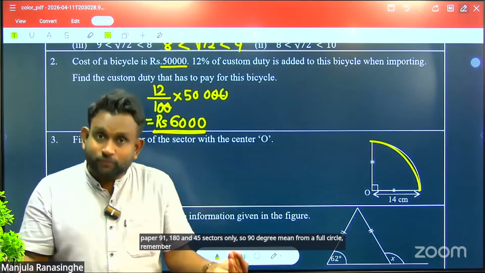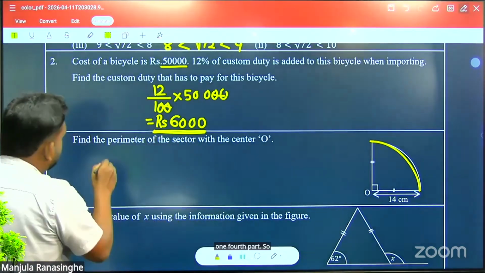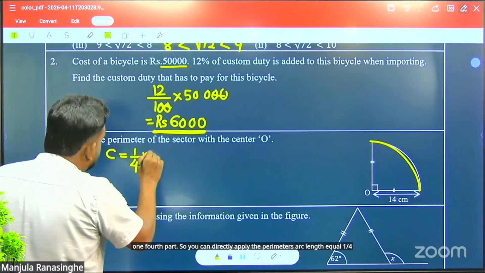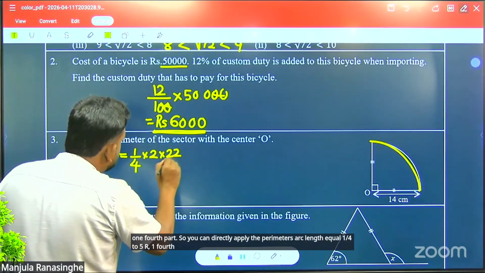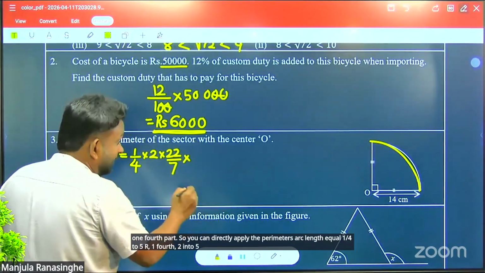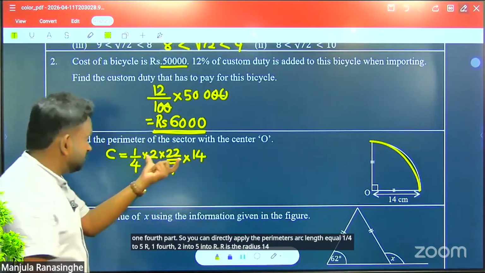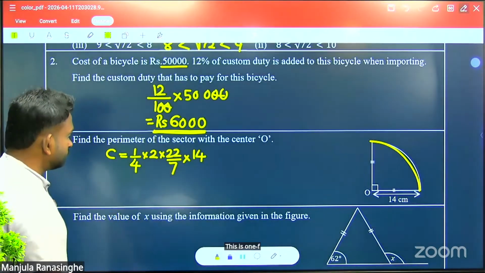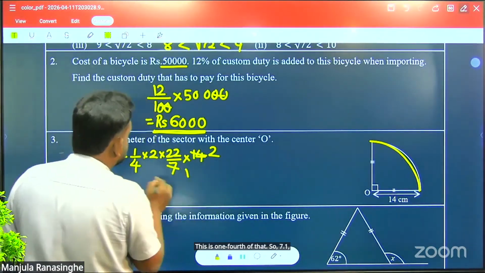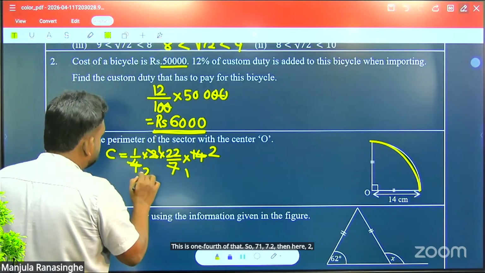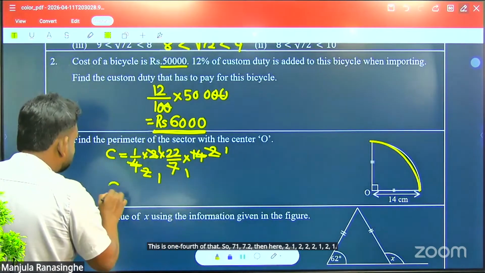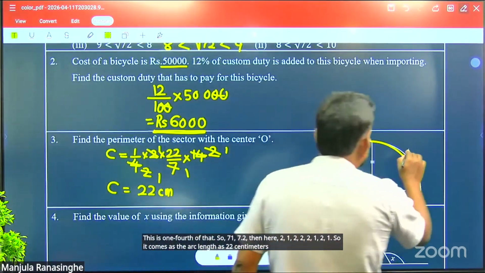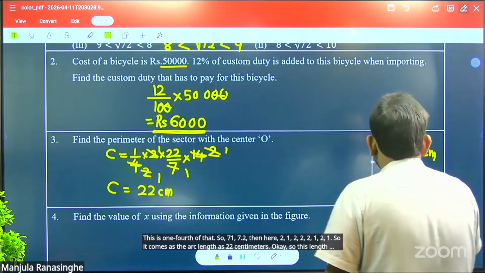So you can directly apply the arc length equal to 1/4 of 2 pi r, where r is the radius 14. 2 pi r is the full circle and this is 1/4 of that. So the arc length comes as 22 centimeters.